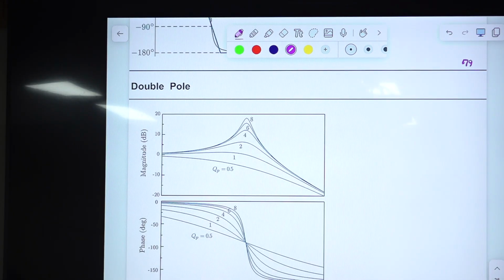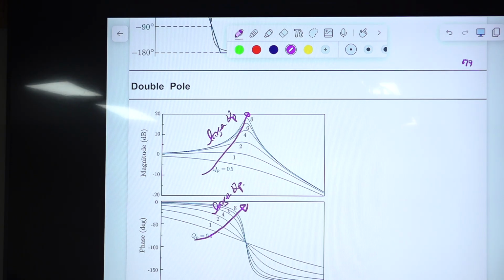So with larger QP, the peaking increases, proportional to QP, and this slope becomes steeper as the QP increases. Right.